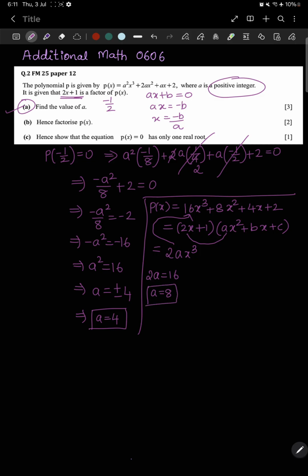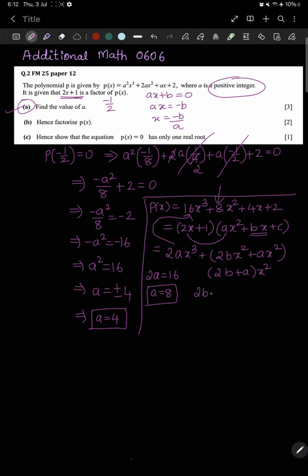So I get the value of a. Next, to get the value of b, I compare the x squared terms: 2b x squared plus a x squared. So I get 2b plus a, and I compare it with 8.